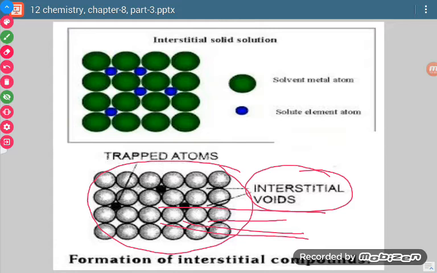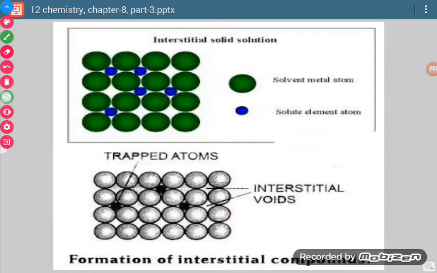Okay. Now when we say that it is an interstitial compound, it means that small sized atoms will occupy space. Which space will they occupy? The vacant space present inside the solid. If such a thing happens, then the new compound formed will be termed as an interstitial compound.